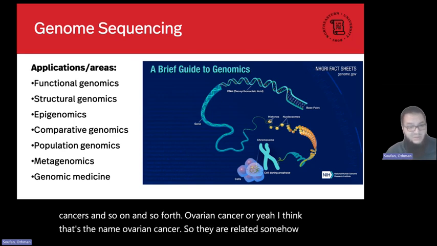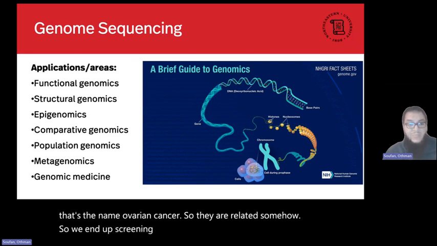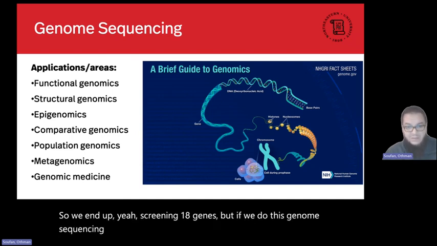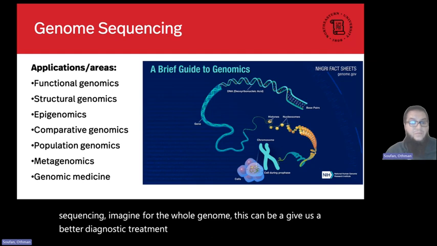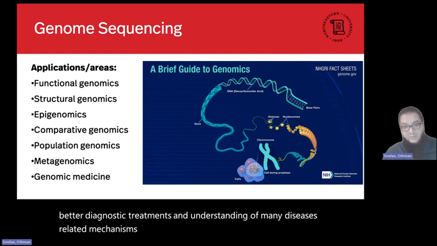So we end up screening 18 genes. But if we do this genome sequencing, imagine for the whole genome, this can give us better diagnostic treatments and understanding of many disease-related mechanisms, and that specific person or organism or sample.